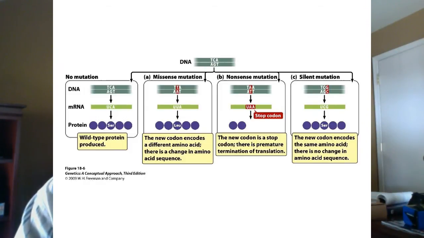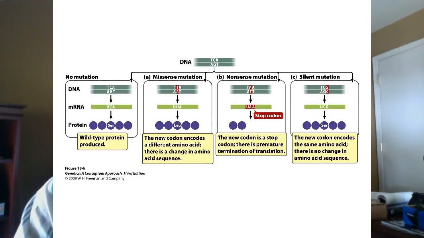Finally, there is also the possibility, if there is a mutation, and these are very commonly occurring in the third nucleotide of a triplet codon. So instead of TCA, it becomes TCG. It turns out that the codon UCG also codes for serine.